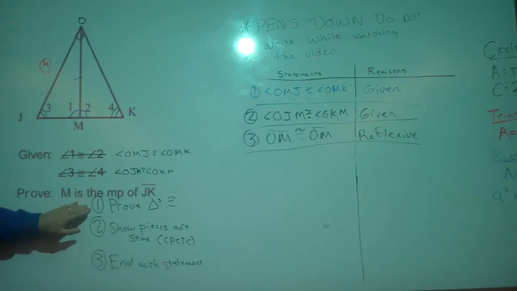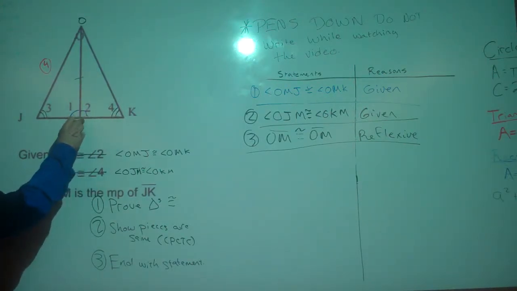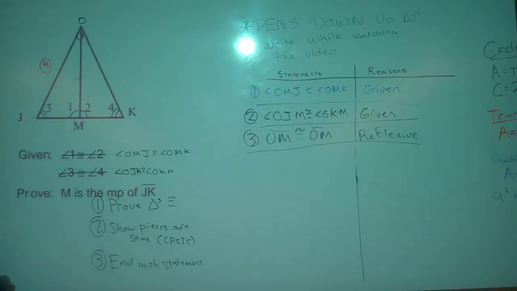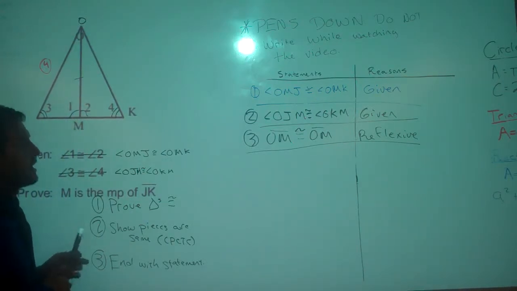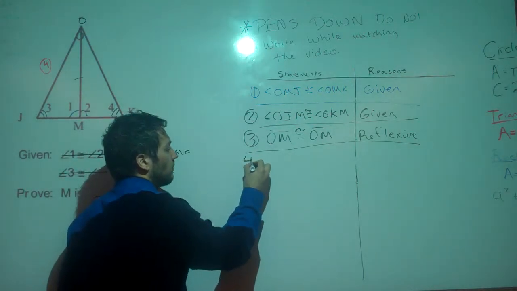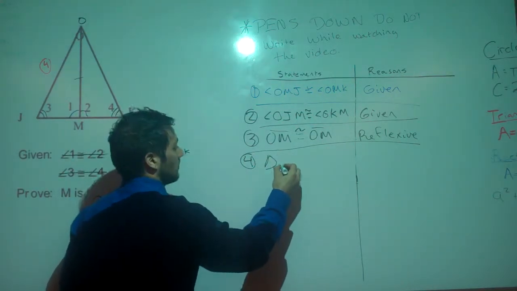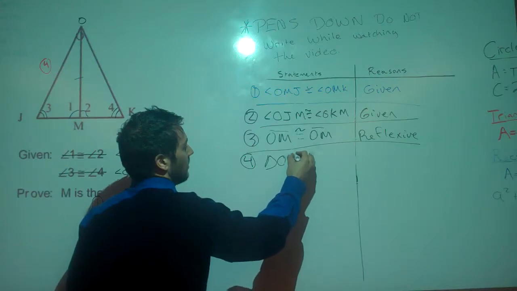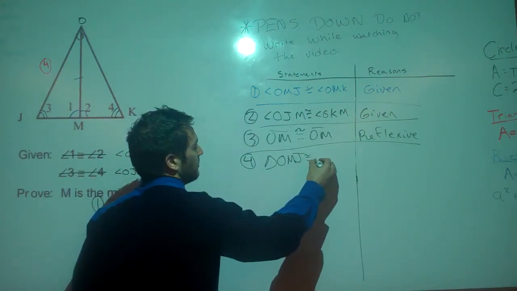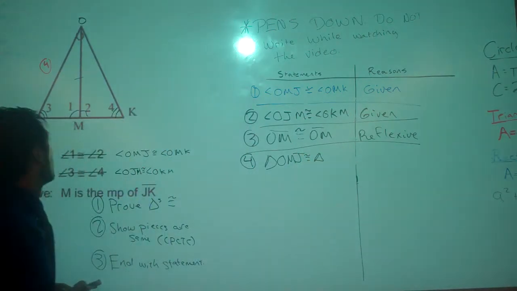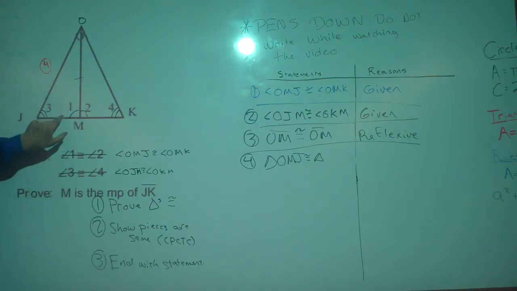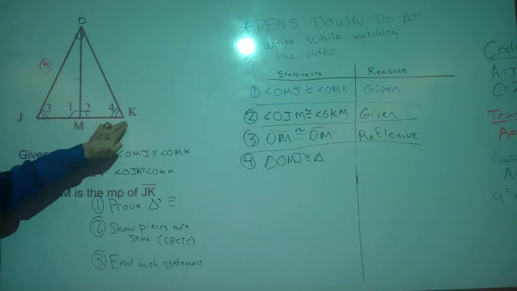At this point, I have enough to prove that the triangles are congruent through angle, angle, side. So I'm going to say that the 2 triangles are exactly the same as each other in size and shape. I put this one in order of triangle OMJ. And now I'm going to have to put them in the same order. OMJ is going to go with OMK.